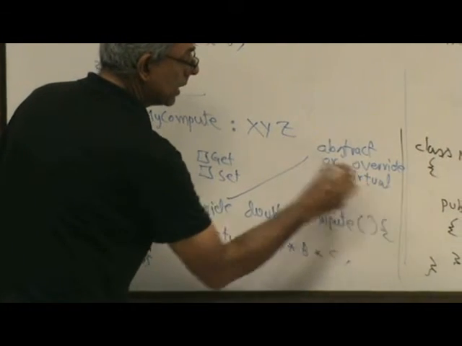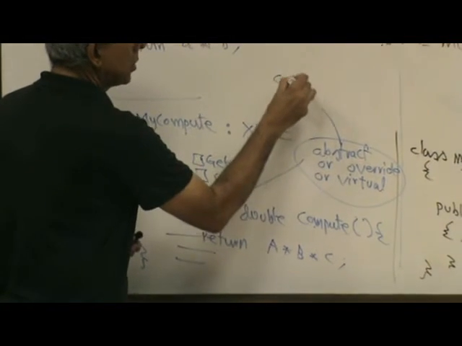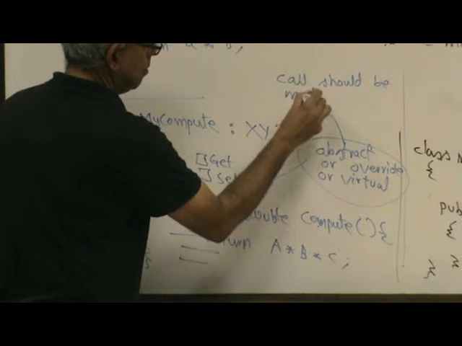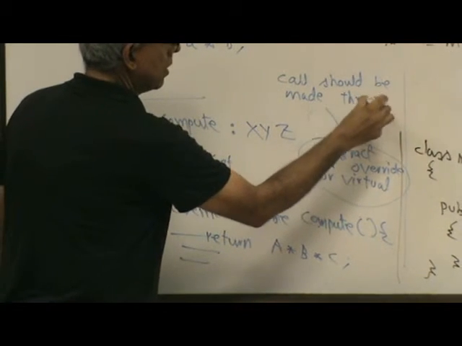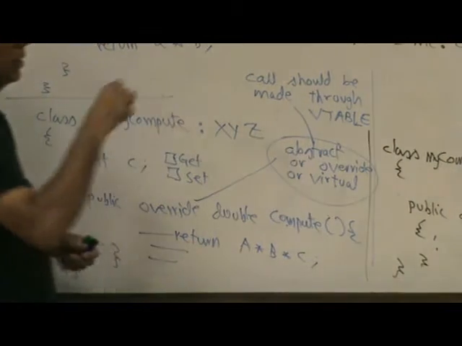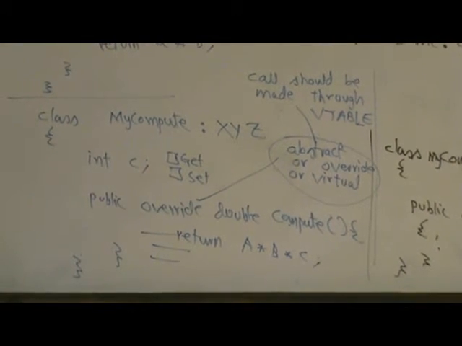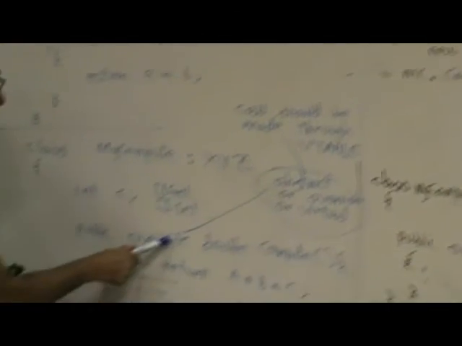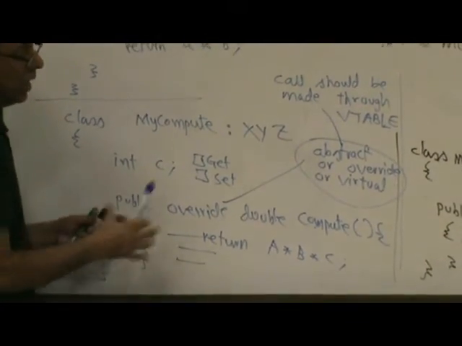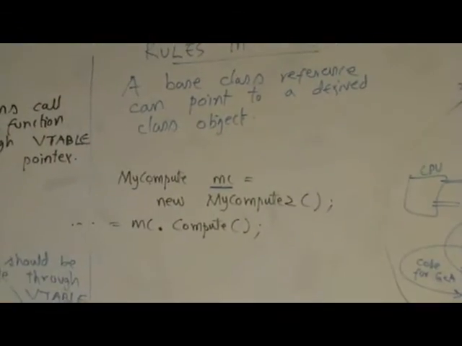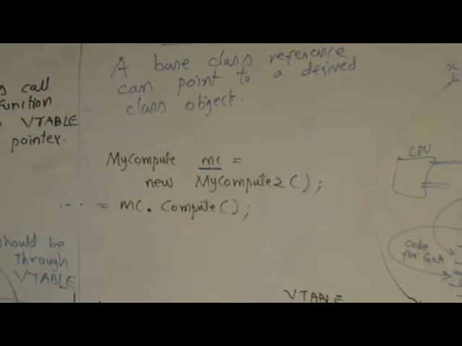Because in all three cases, that means calls should be made through the vtable, which is a table of pointers to the code for each function, right? So what will it find? In this case, once it goes to MyCompute, it will find there's an override keyword. So we'll not try to just directly call the compute for the MyCompute class. It will actually generate the code.